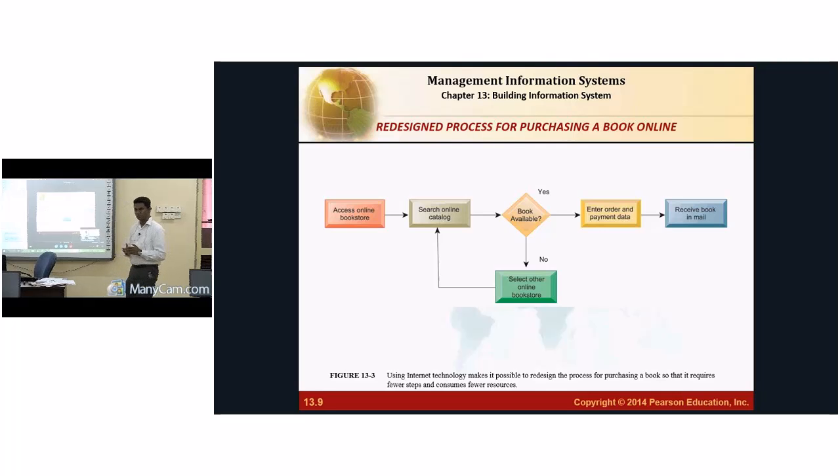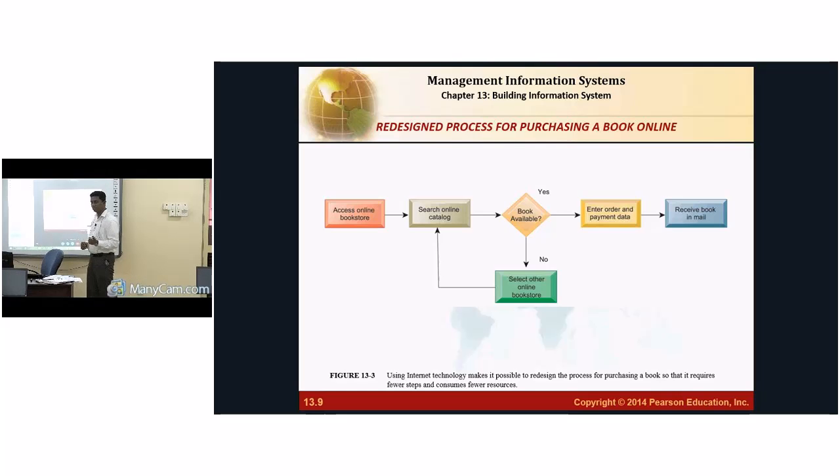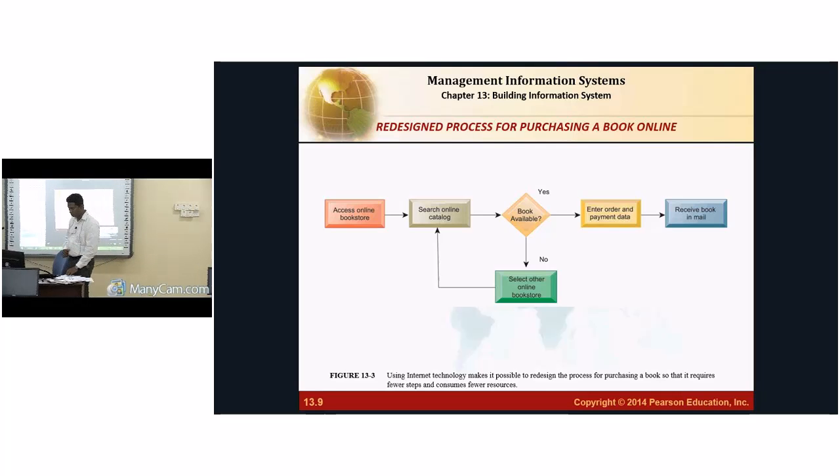So you can reduce the cost of a book if you go for online stores, right? You don't need to maintain such facilities. So the benefit might be there for the customer as well as for the bookstore, right?